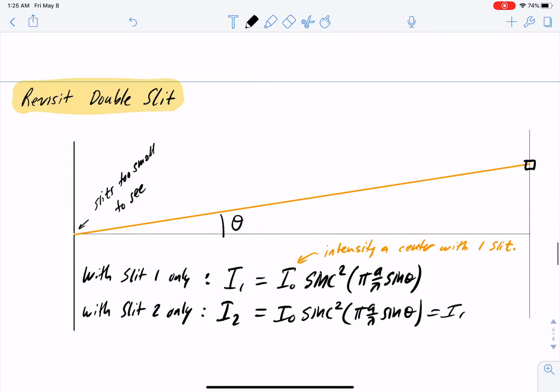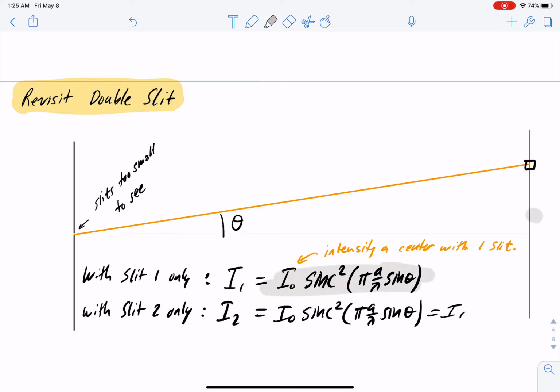So in the double slit, I've drawn them here so that the slits are very, very small so that you can see the scale of the observation point. But because they're so small, you can't really see the slits. Now in this case, we know that each slit is just a single slit. So we should have this single slit intensity pattern on this screen.